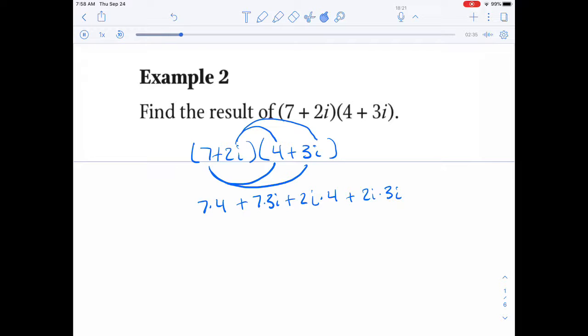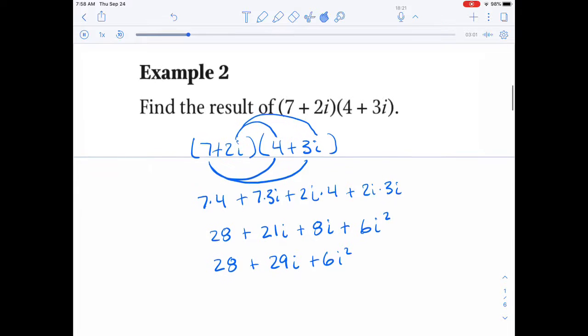Simplifying the expression, we have 7 multiplied by 4 is 28, plus 21i, plus 8i, plus 6i squared. Let's simplify this further by combining like terms. So we have 28 plus 29i plus 6i squared.